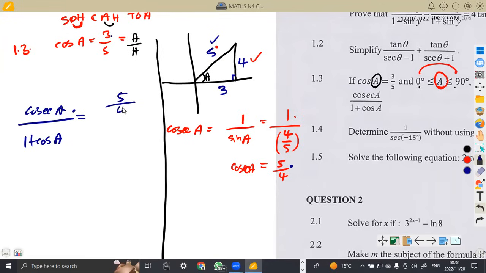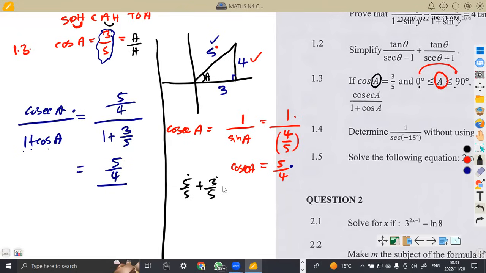So it is 5 over 4 over 1 plus cos A. Cos of A is already given here as 3 over 5, so you're going to add 3 over 5 to 1. This 1 is the same as 5 over 5, so it's 5 over 5 plus 3 over 5. 5 plus 3 is 8 over 5. So this gives you 8 over 5.